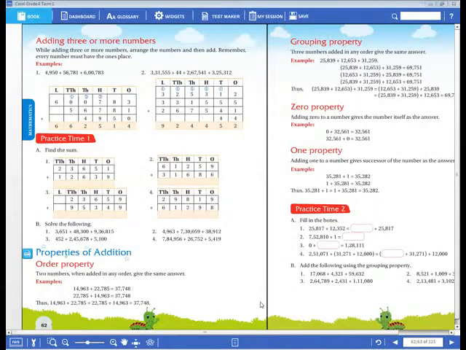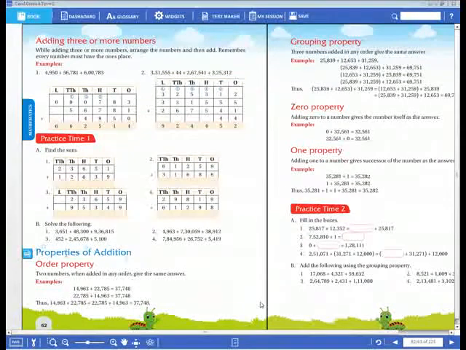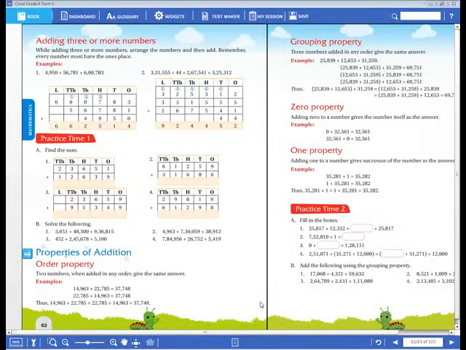Okay, dear children? You should copy down the definition in your notebook: two numbers when added in any order give the same answer. On the screen is that sentence. Keep the heading order property and write down that sentence.